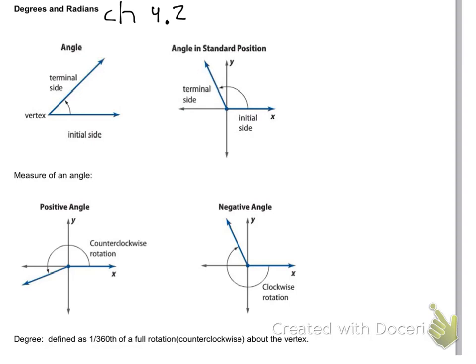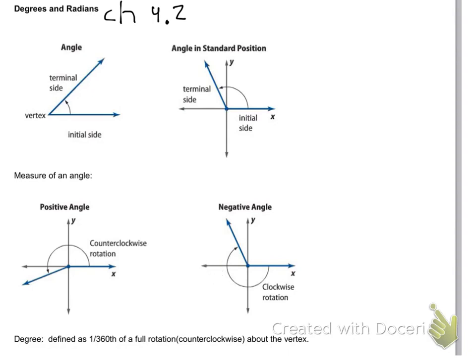Not always moving up, but when we move up, as we have down here, we have a positive angle and a negative angle. When I am moving in a counterclockwise rotation, that is a positive angle. We could also move in a clockwise rotation going down. That is a negative angle. You can get to the same exact terminal point moving in a positive direction or in a negative direction. We're going to get that in a second.